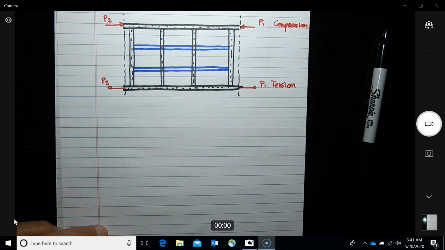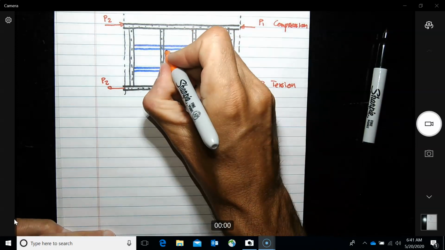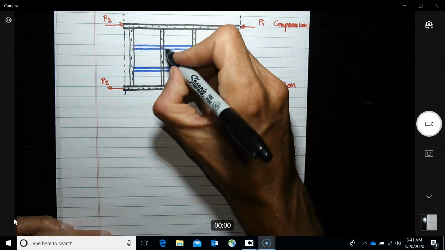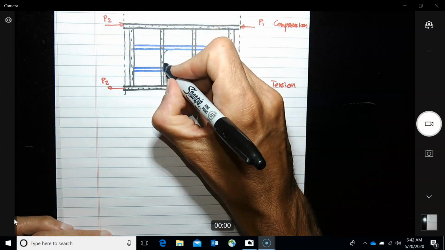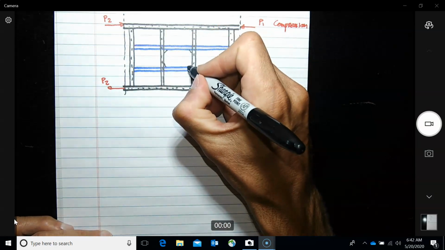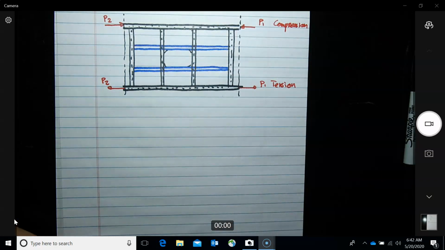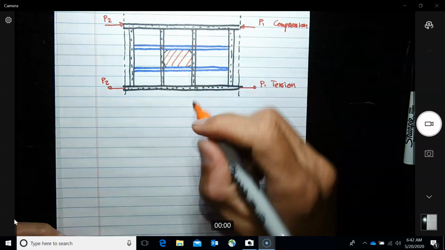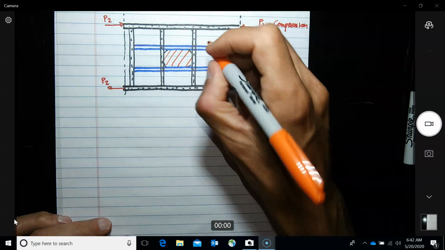Okay, so that now we can create the opening, or our cutout will be right over here. Just imagine it's a window. That's basically what I'm trying to sketch over here. So this would be here your cutout.